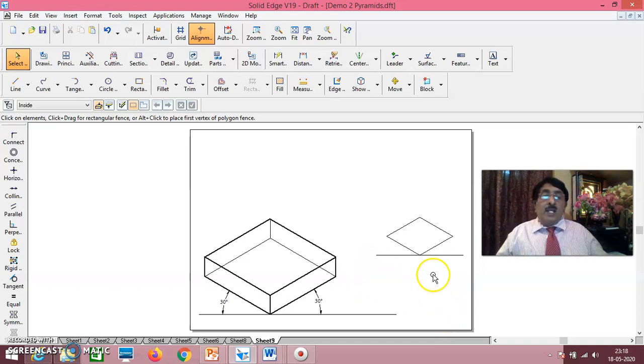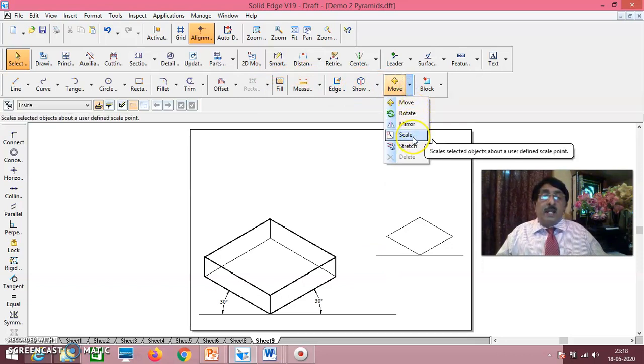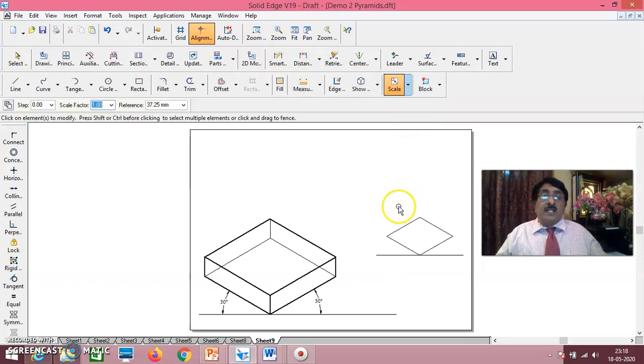Now what I'll do to make things very easy, the top square is 20, no? This you should know. Without wasting any time, I'll take the scale. First I'll move this. Move and copy I'll do.